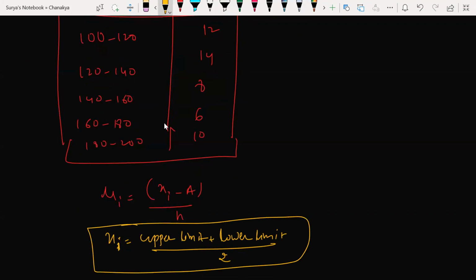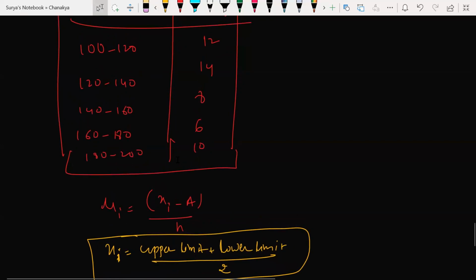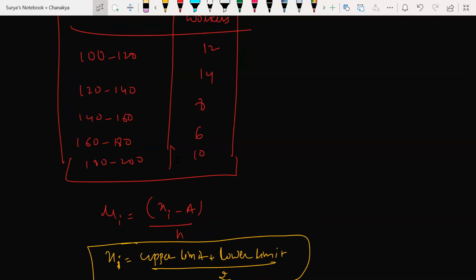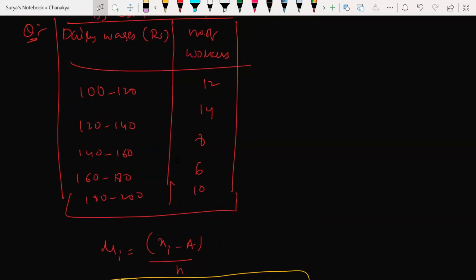Now solve. What is a here? Or is it the highest frequency? You could say that. You can assume the mean value.